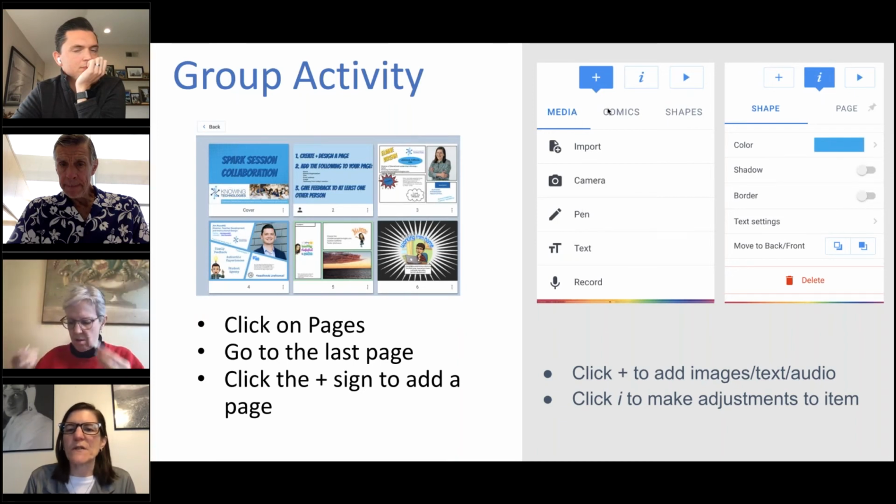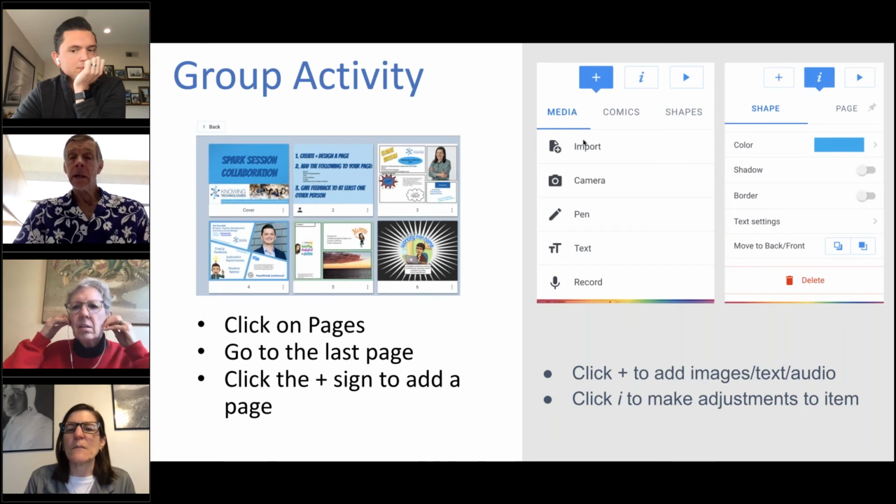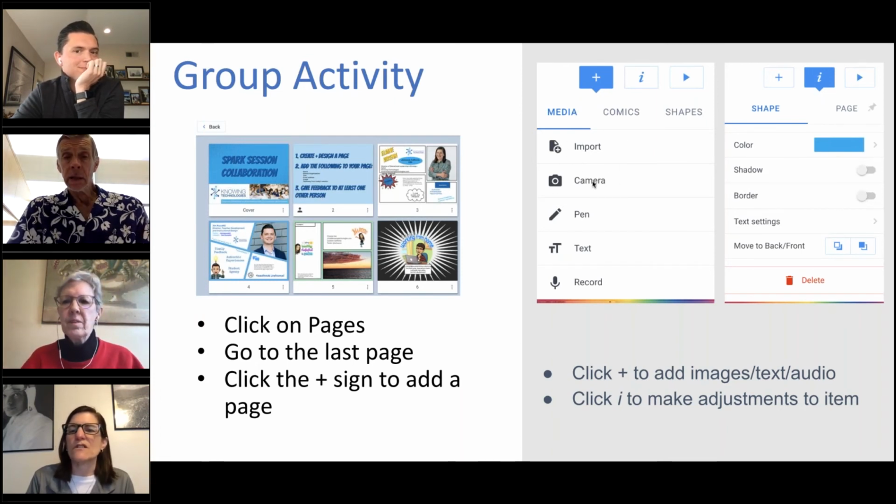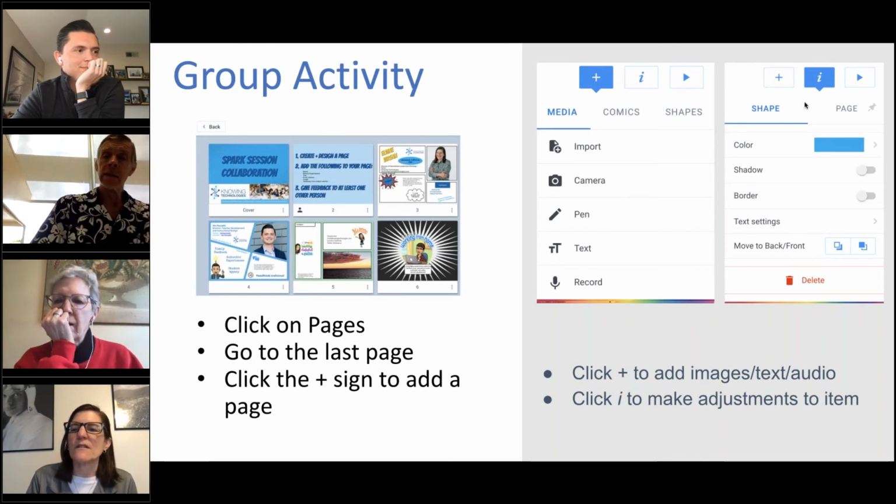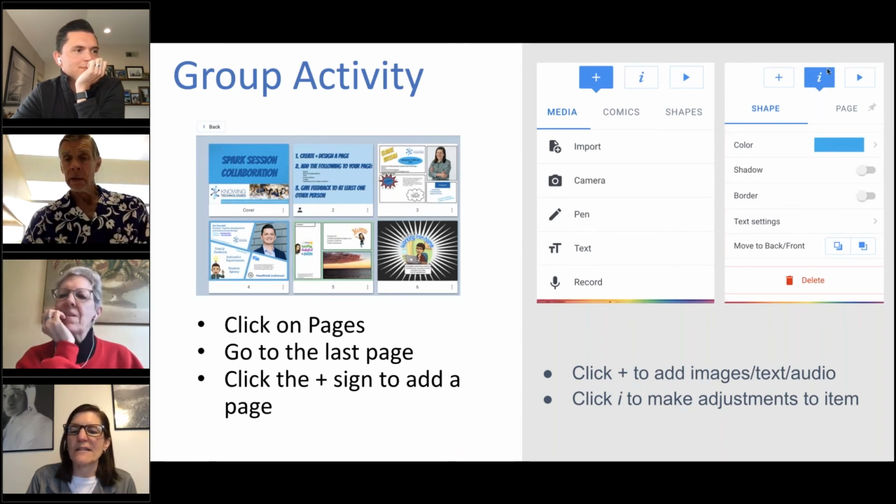So if you click on those different tabs, you'll see different things you can add. And then if you decide you want to make any changes to them, like you want to change the color or the font, once you've added the item, if you click on it, you then will be able to go to the eye to make a change to that item.